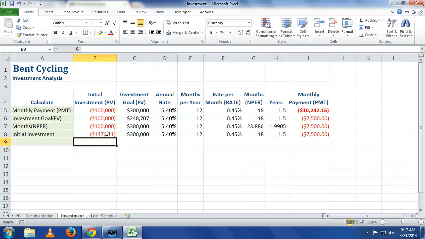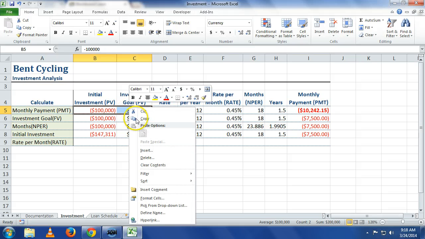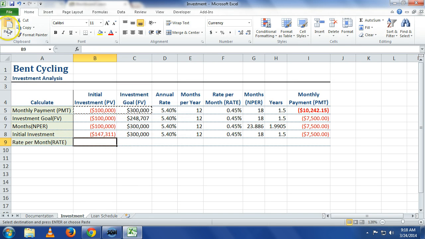Okay, the last thing that we're going to look at is the rate. So let's go to A9, and let's say rate per month. And it's not the overall rate, it's the rate per month, and I'm going to type in rate. And I want to leave these two things alone, so I want to start out with 100,000.